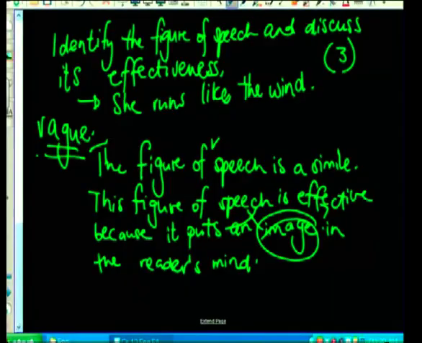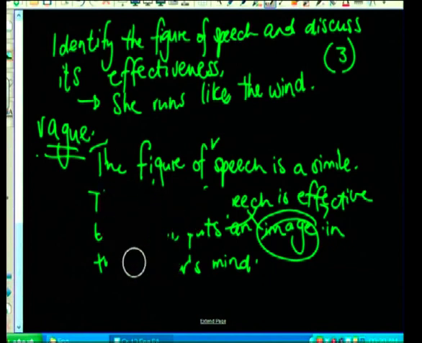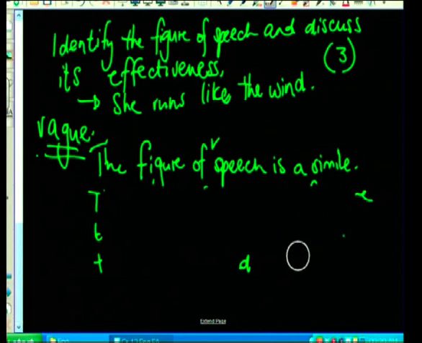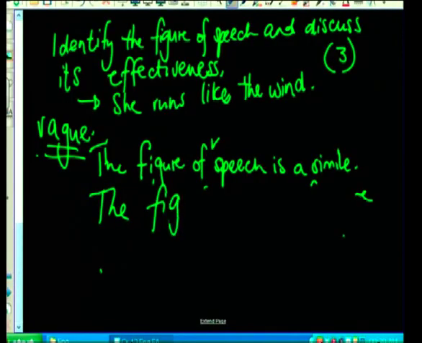So the same will be: the figure of speech is a simile. You've got that part of the question correct. Now you want to give something more concrete, something more detailed. The figure of speech is a simile. This figure of speech is successful or effective.